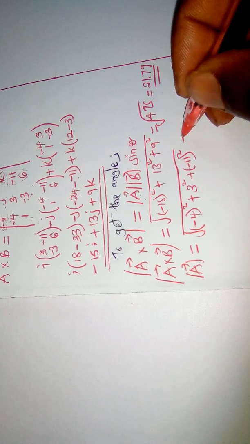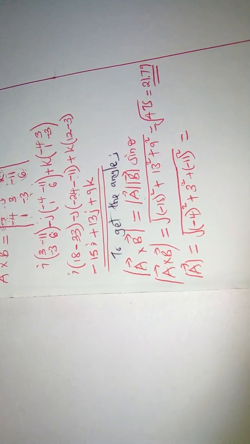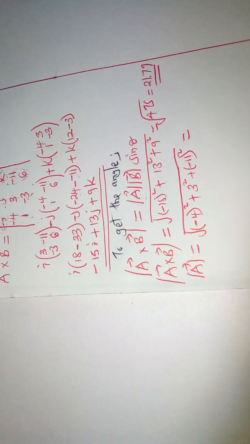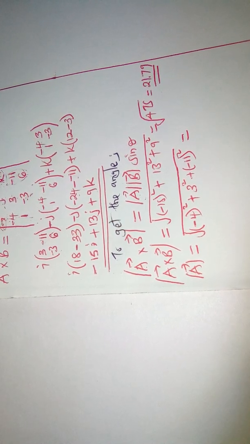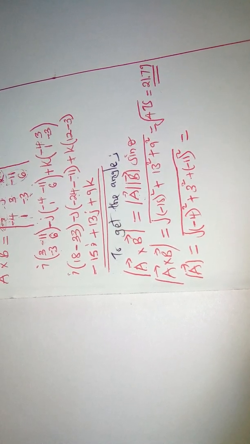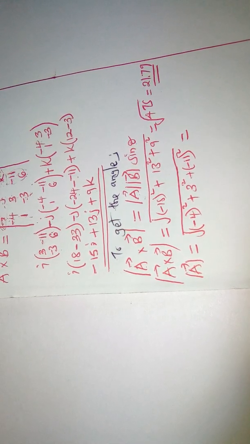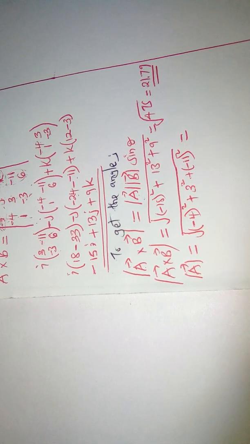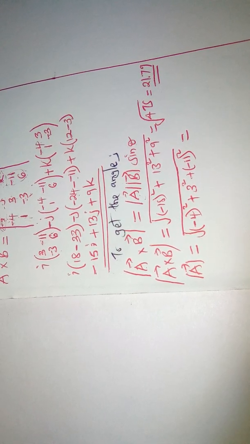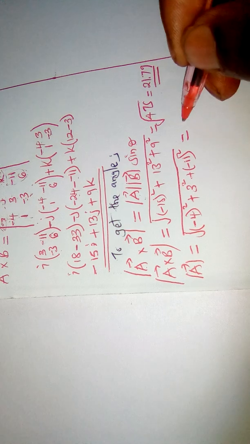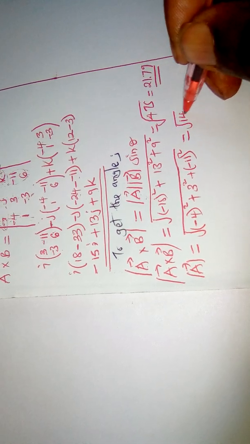Now after doing such, you are supposed to work out each and every term. That is negative 4 squared, that is 16, plus 3 squared, that is 9, plus negative 11 squared, that is 121. So you will end up with root of 146.